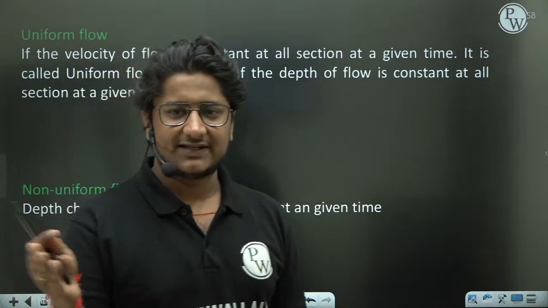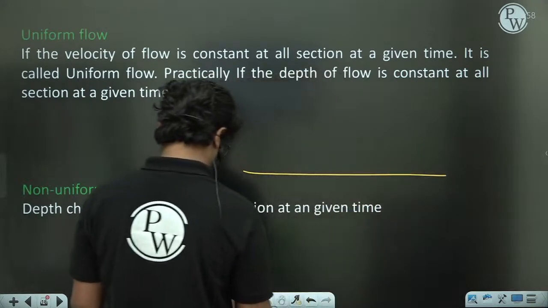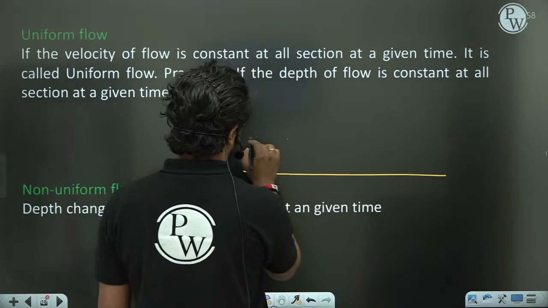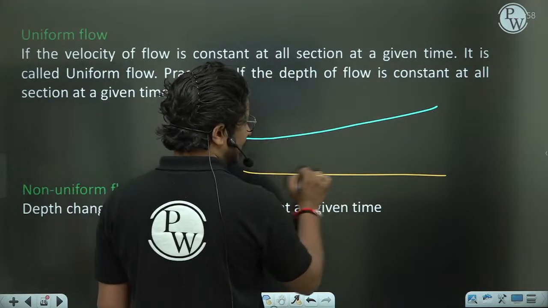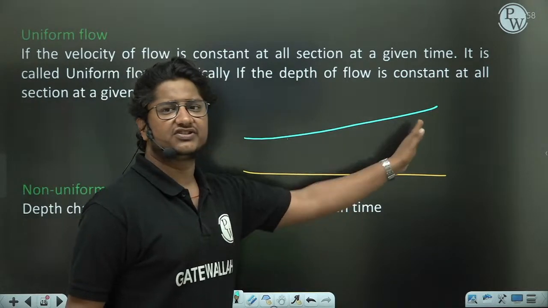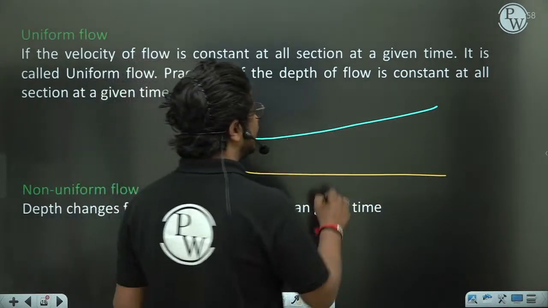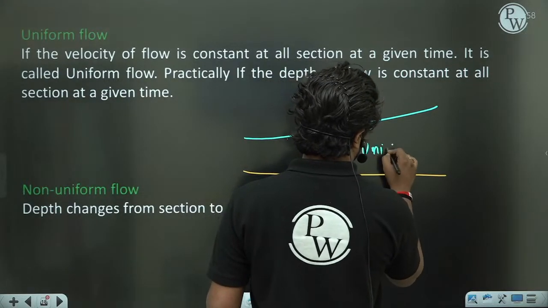For example, let us say this is the section and your depth of flow is like this. It is changing with respect to section, so it will be a non-uniform flow.